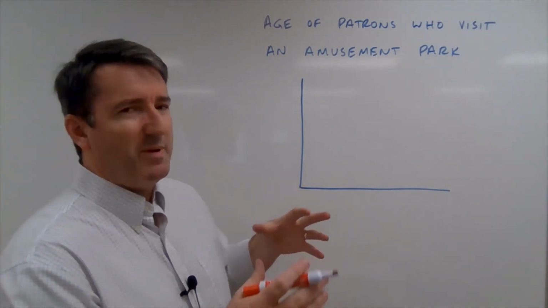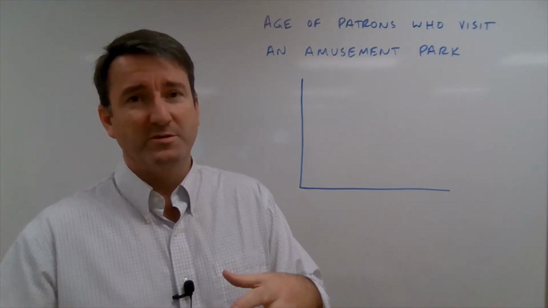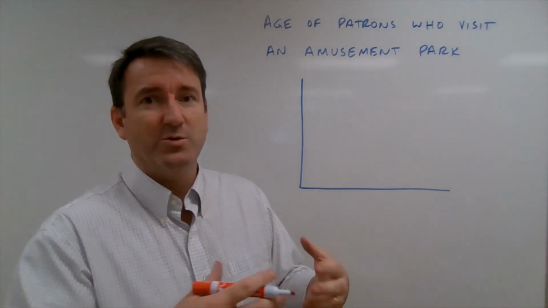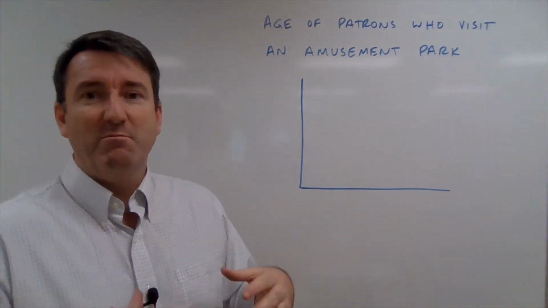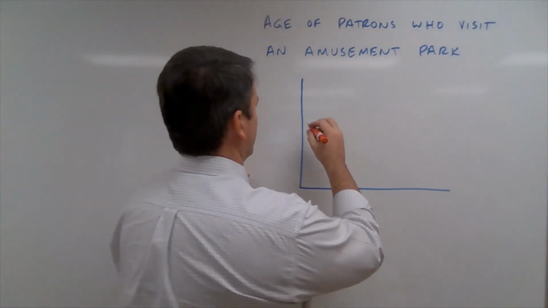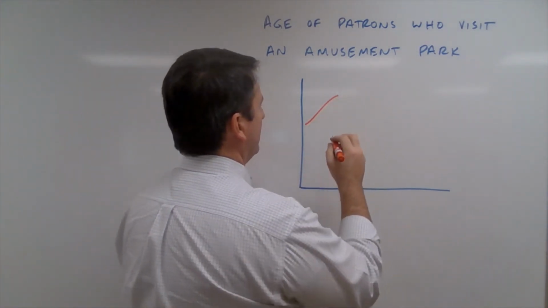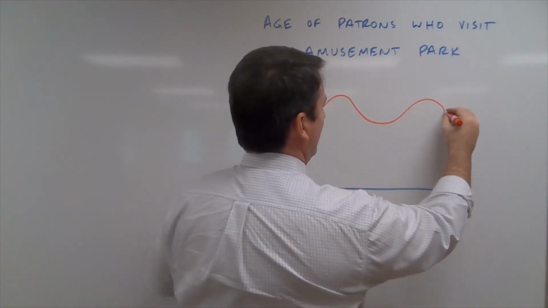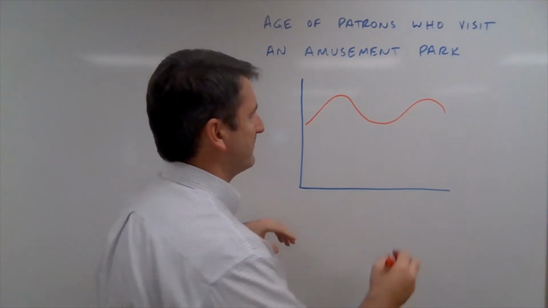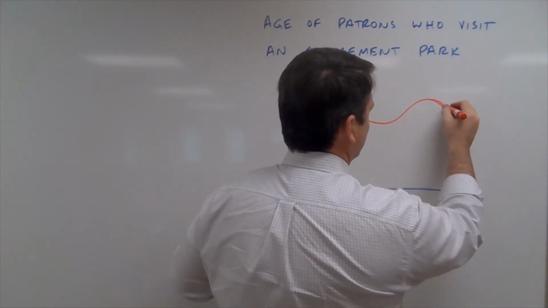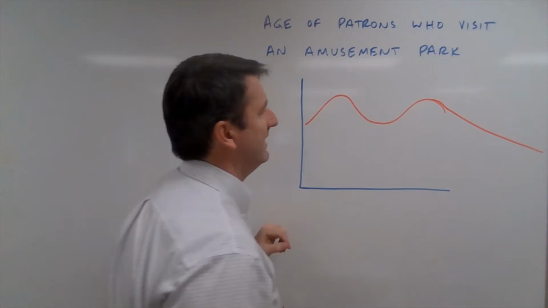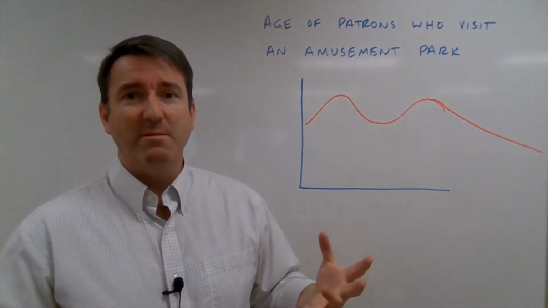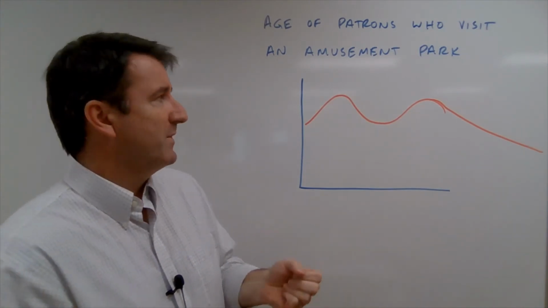For this one, depending on the type of amusement park it is and what age group the amusement park is geared toward, you might see a bimodal distribution here, where you're going to have a lot of young kids, and then you'll see another hump here for their parents, and then you might see this kind of taper off into much older ages.